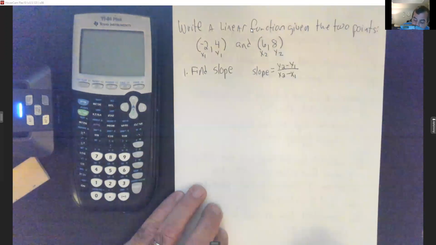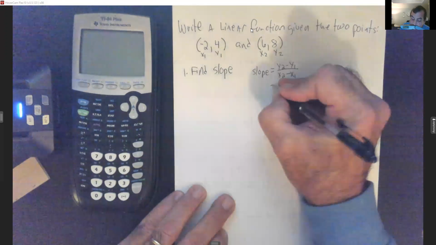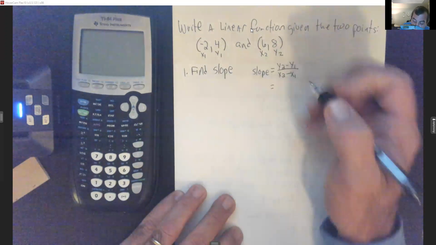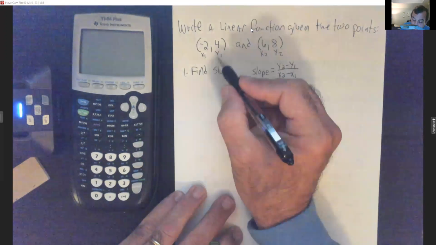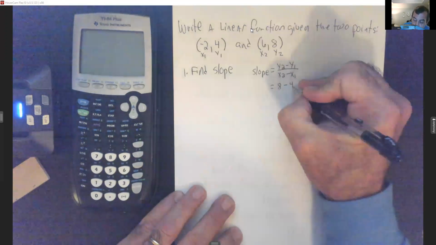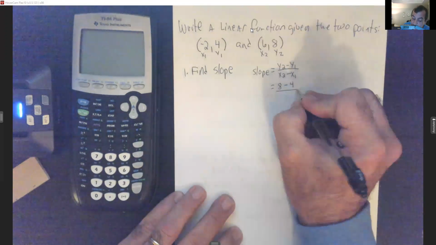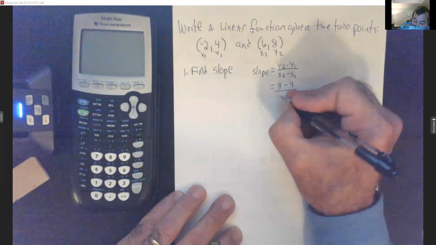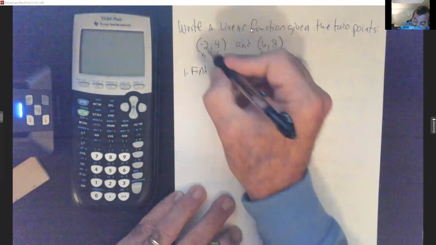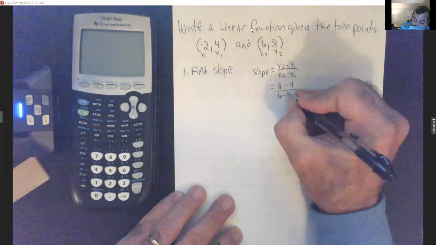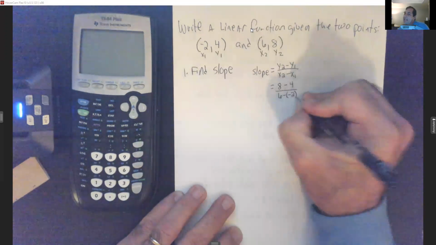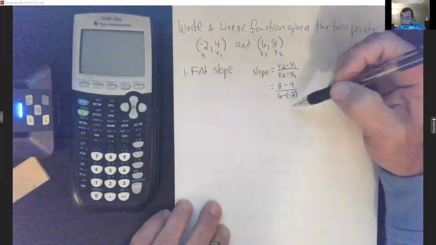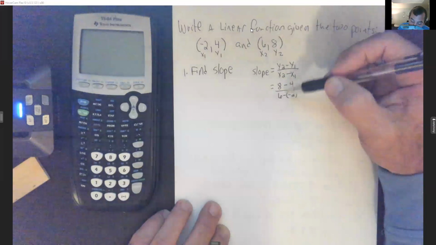All right, doing that, let's plug in our numbers. Y2 is an 8 minus y1 is a 4. That's going to be over the bottom, which is a 6 minus a -2. So I'm going to put my -2 in parentheses. Anytime I got a negative number that follows my subtraction, I put it in parentheses.